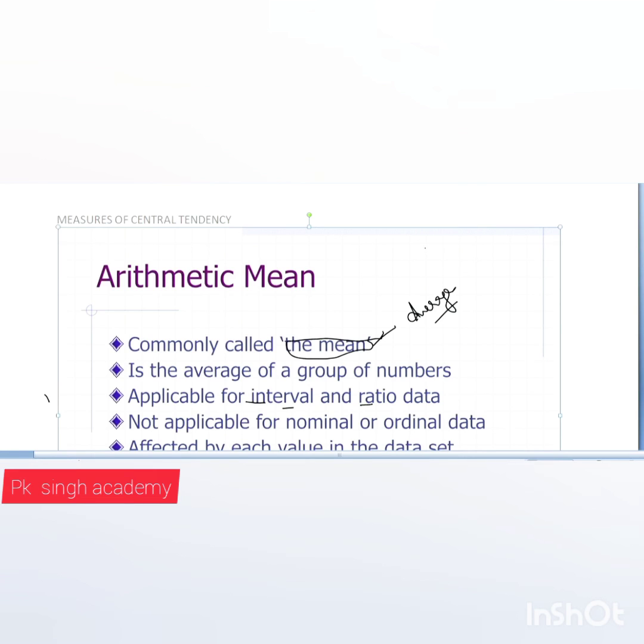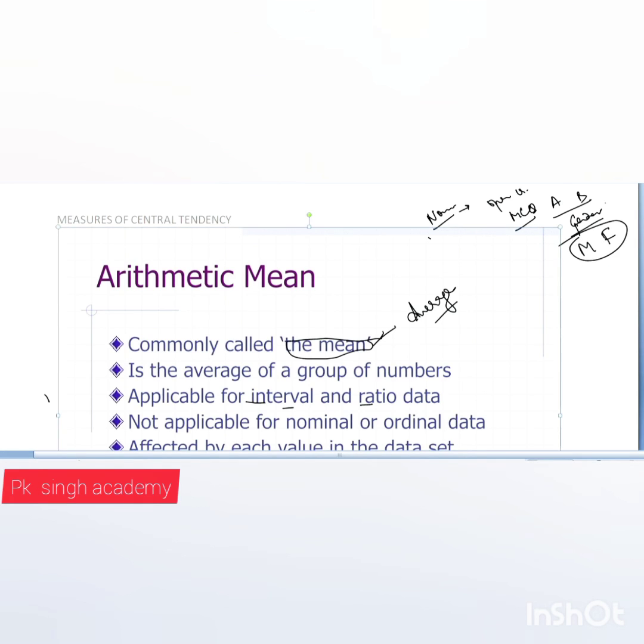The nominal scale means open-ended questions or MCQ, like we used to do, A or B, or gender. For example, male, female. So this is the nominal scale.